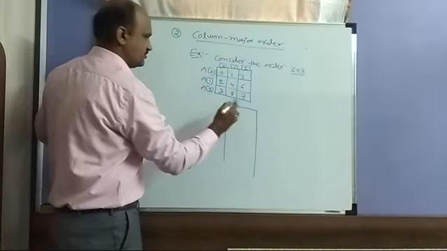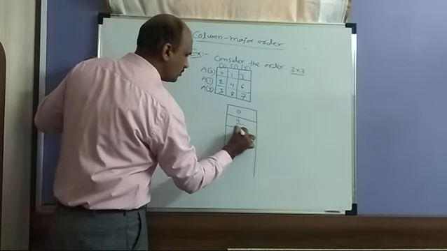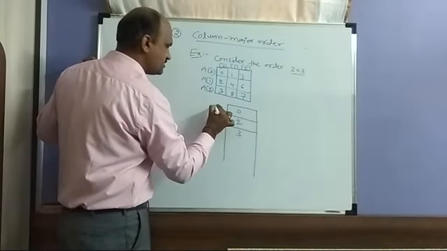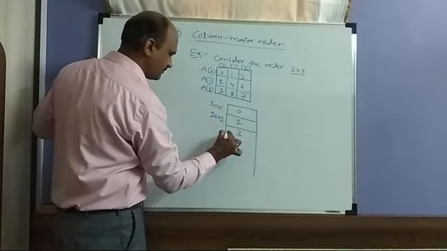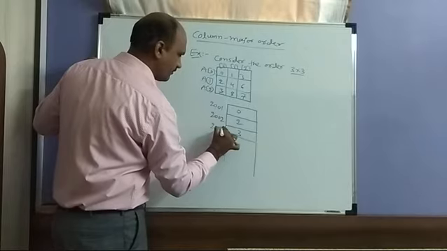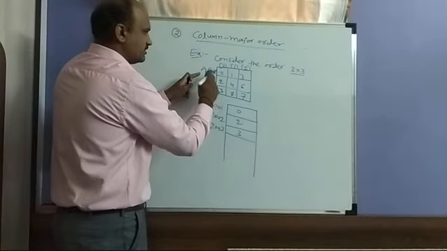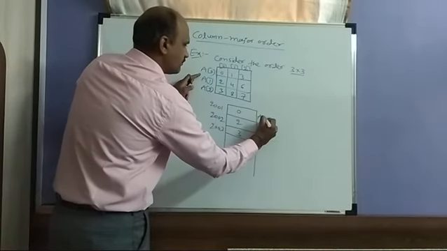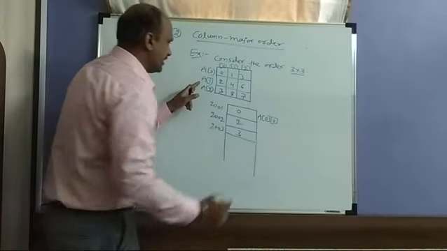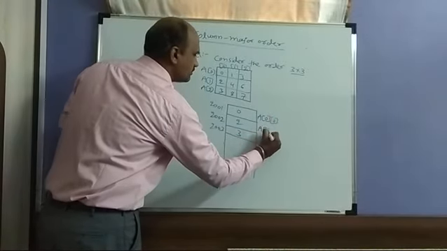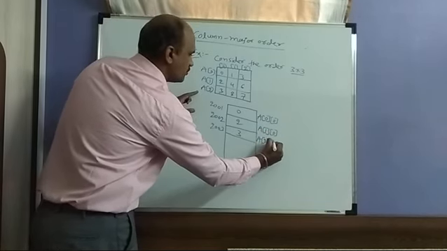The first column elements present are 0, 2, then 3. We are taking again the memory addresses. Here it will be stored as 0, 2, 3. The first element will be A[0][0], next element A[1][0], then the next element 3, that is A[2][0].